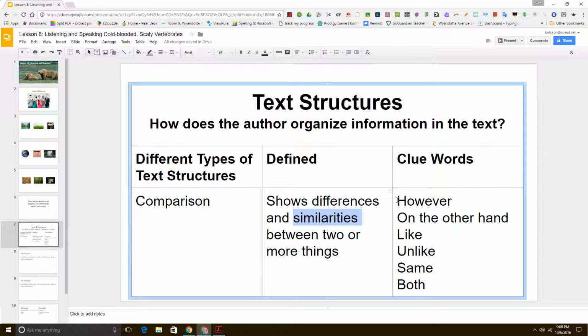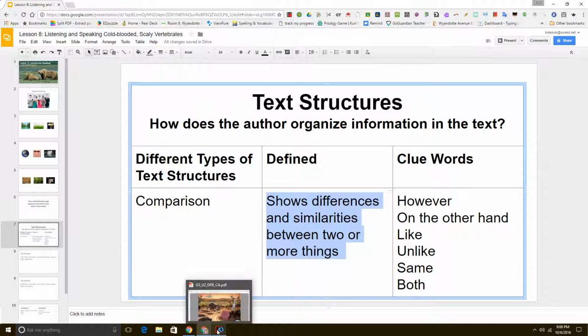So some clue words that we're going to come across is when Rattenborough says however, on the other hand, like, unlike, same, or both. Those are all clue words that tell us that Rattenborough is showing either the differences or the similarities between two or more things. Okay, let's get to the read aloud.